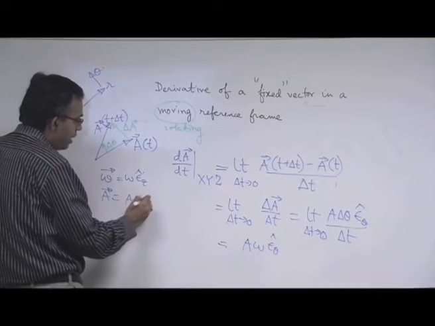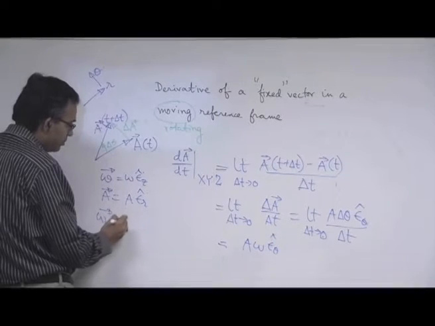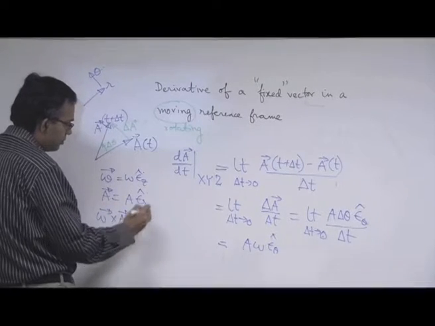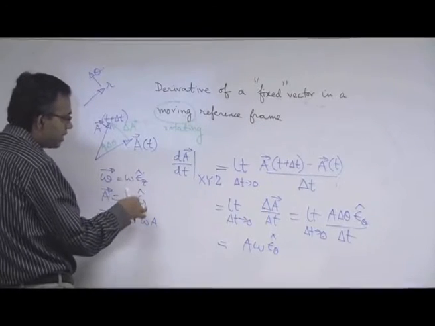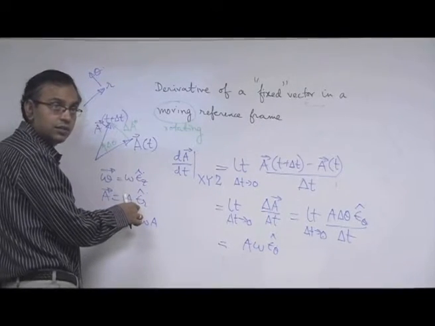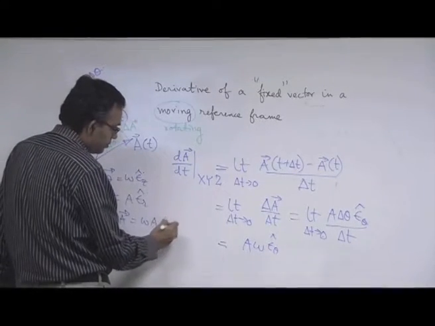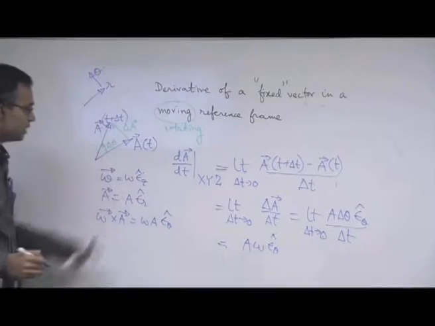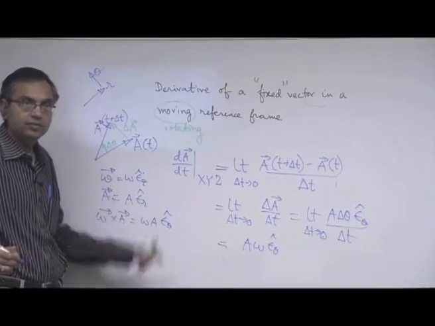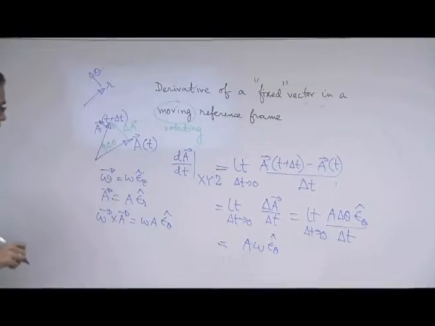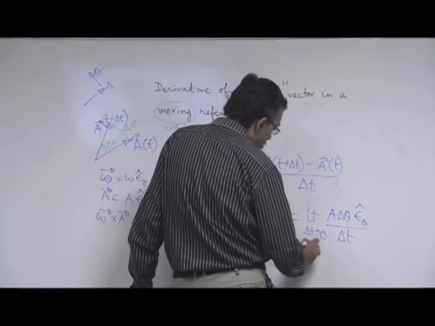A epsilon r. What is omega cross A? Omega A, epsilon z cross epsilon r. What is that? This is epsilon theta, right, just like k cross i is j. So this is omega cross A.